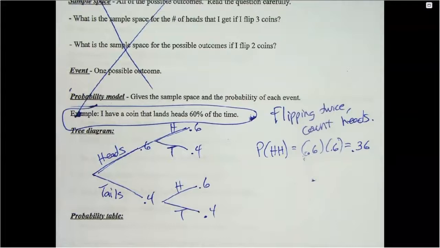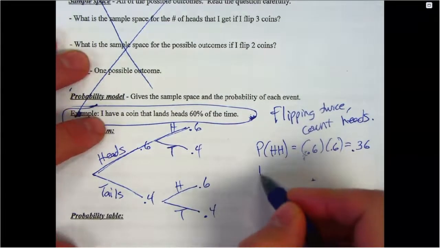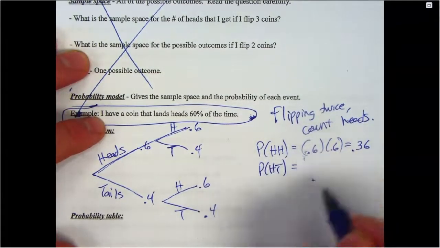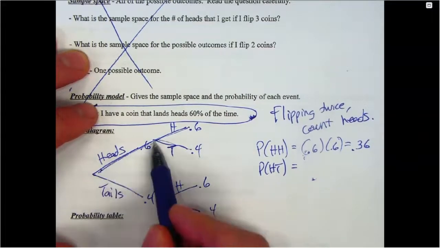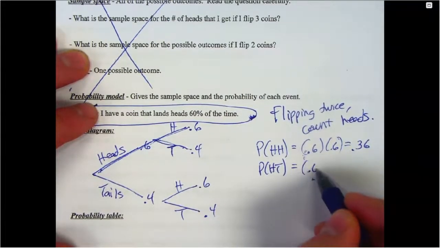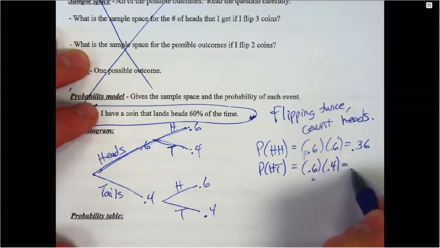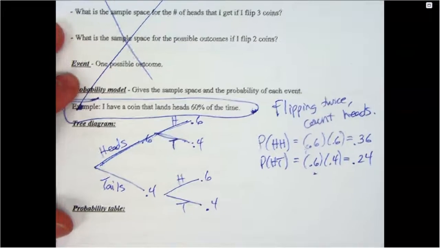So this is an unfair coin, somehow I know it lands heads 60% of the time, and I flip it twice, the probability I get heads both times is 0.36. The probability of heads, tails: follow that road, 0.24.